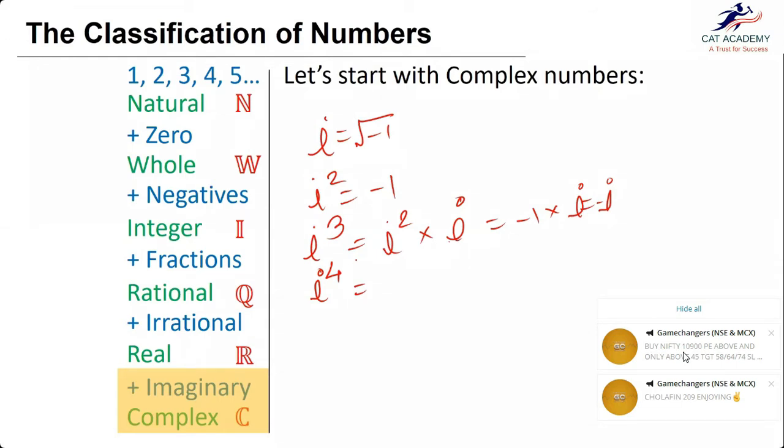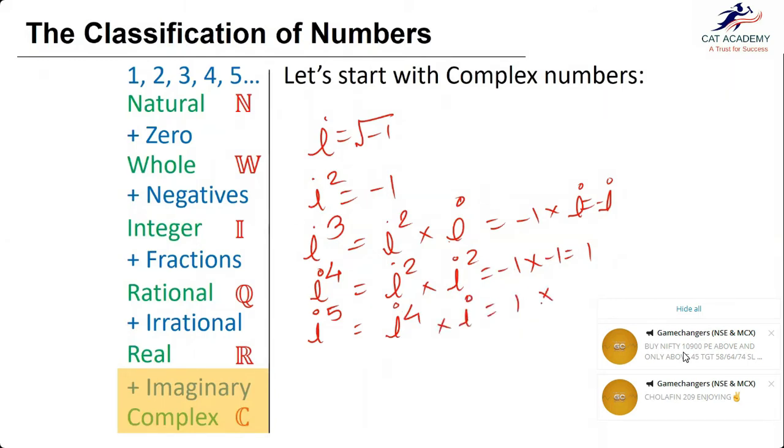i raised to 4 will be i square into i square. Correct? That is minus 1 into minus 1, that is plus 1. What will be i raised to 5? i raised to 5 will be i raised to 4 into i, and i raised to 4 calculated above is 1.